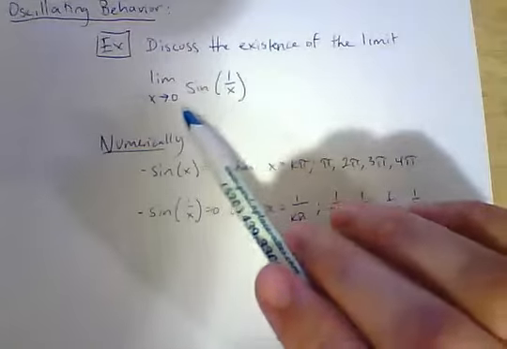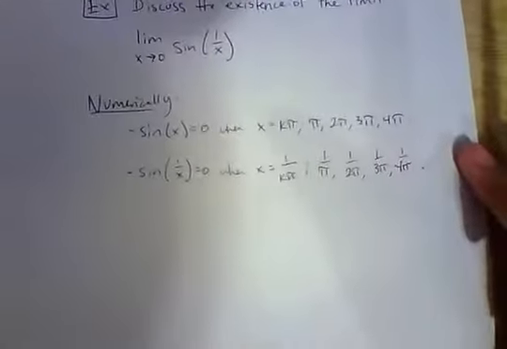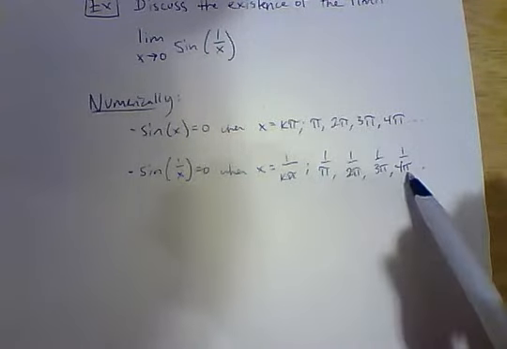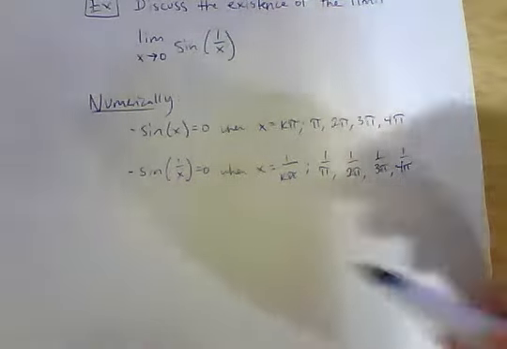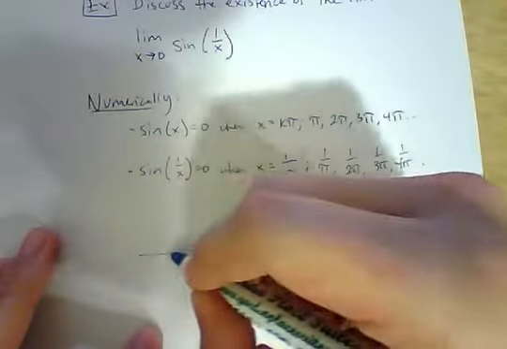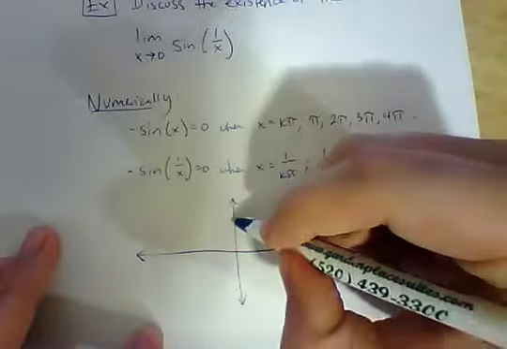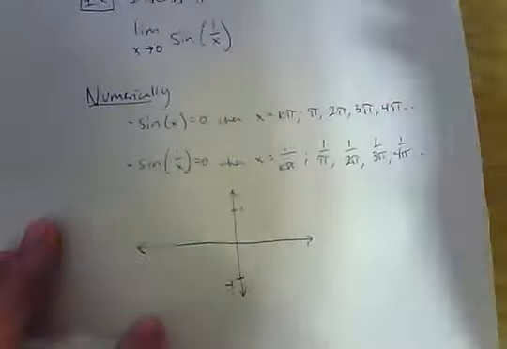So, if we were trying to find the limit as x approached 0 for sine of 1 over x, as our x values got smaller and smaller, we'd be able to fit more and more of these zeros, wouldn't we? So, here's what the graph of sine of 1 over x looks like. Here we are between positive 1 and negative 1, like we talked about. It's going to go up and down between those.